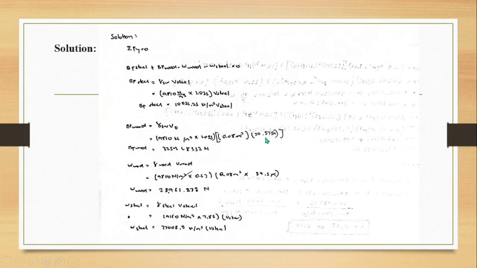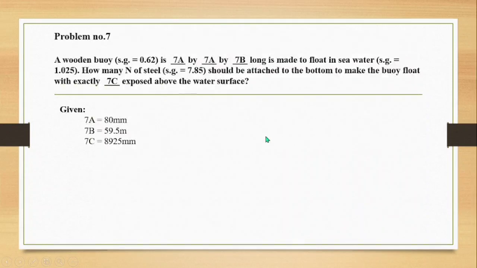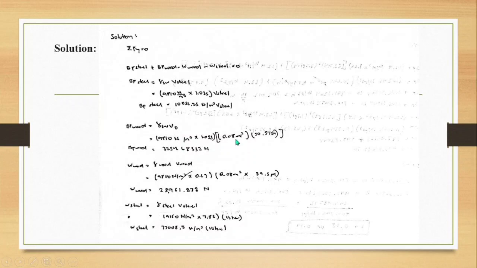We got 50.575 meter by adding 80 millimeter and 895 millimeter, converted to meter. The 0.08 meter is because we divide 80 millimeter by 1000 to make it meter. Calculating this, our answer for buoyancy wood is 3254.68332 Newton.